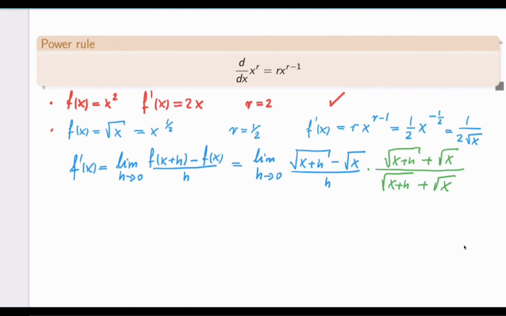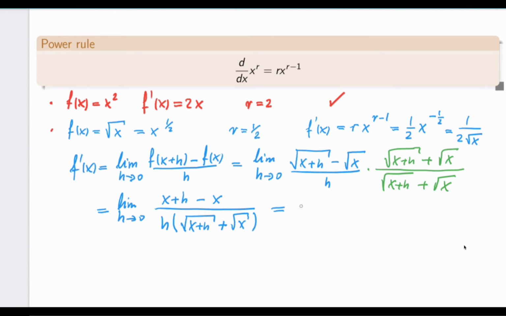So this is cool. So then we have limit as h goes to 0. So we multiply this out in the numerator. Then we get the square, which is x plus h, minus x. And then in the bottom we have h times the square root of x plus h plus square root of x, and bracket closing.